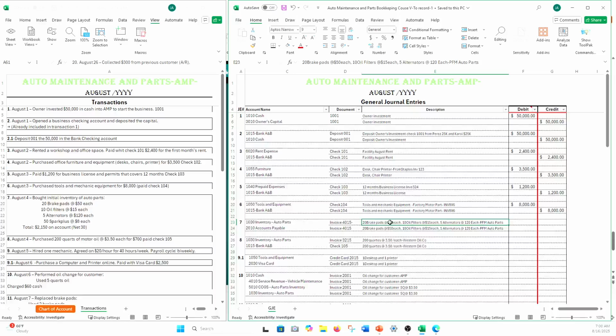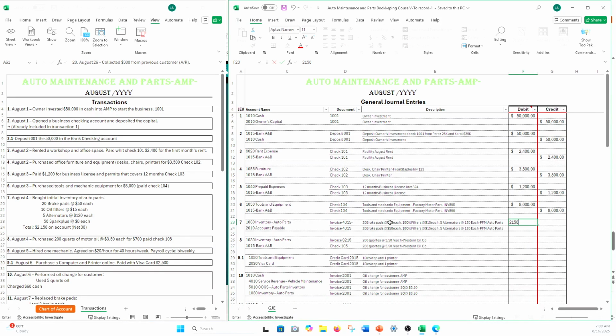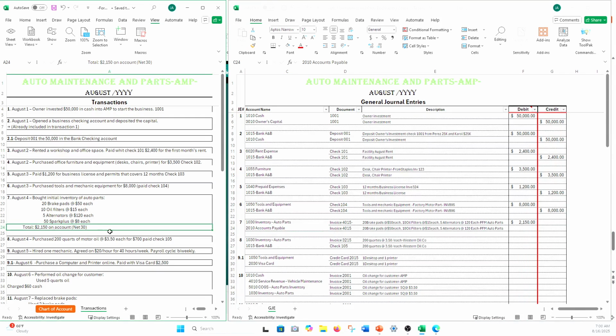Again, there is usually the computerized system, they have their own module to track inventory, so probably you need to just type a few things here, not necessarily everything, but for exercise purposes, I'm going to type everything. So we say that we pay $2,150 to increase our inventory, and they say, and it's very important, that this is on account net 30.